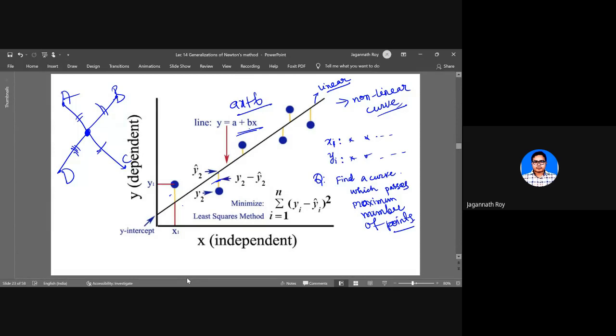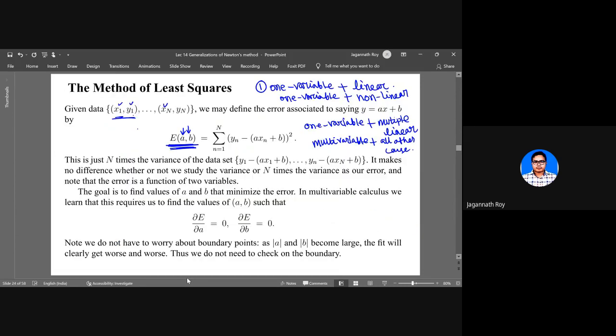If we can find this a and b, then we are through. Then we can say the line is of this form, or this form, or this form. Once we find a and b, we can find the straight line. That is the aim of this term.